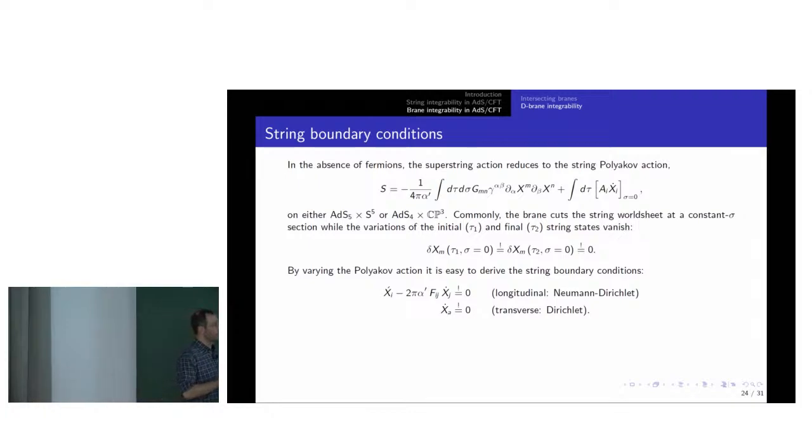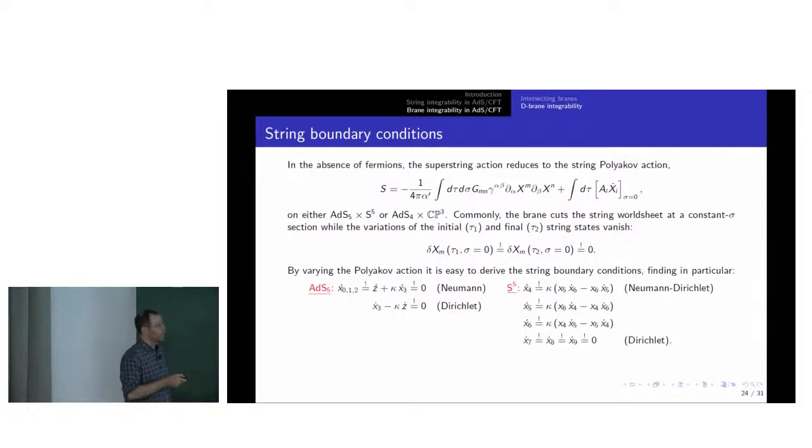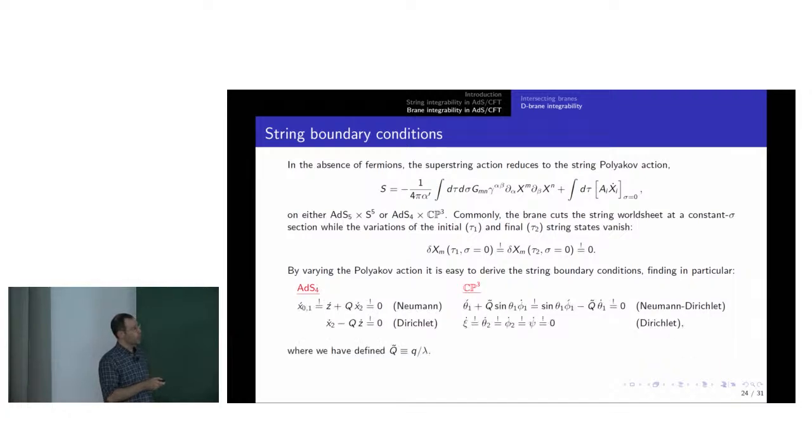And of course, I can translate immediately this set of boundary conditions. These are all the boundary conditions I can write for this system. And I can make this statement more precise. I can insert the parameterization, the embedding coordinates of AdS5 cross S5, and take these boundary conditions, which I don't know whether they give rise to integrable string motion in these backgrounds. And of course, the same holds true for AdS4 cross CP3.